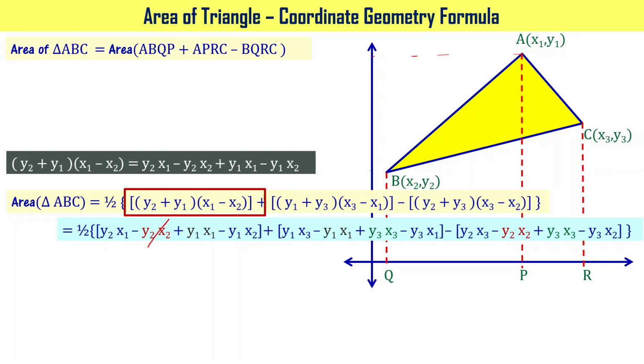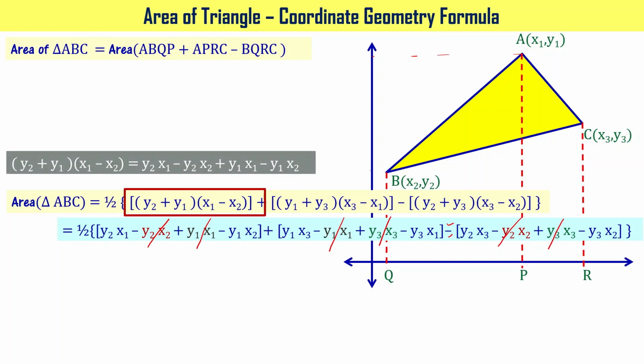Let me cancel minus y2 x2 with plus y2 x2. Similarly, y1 x1 in black with minus y1 x1, and green y3 x3 with minus y3 x3. So I can cancel that.